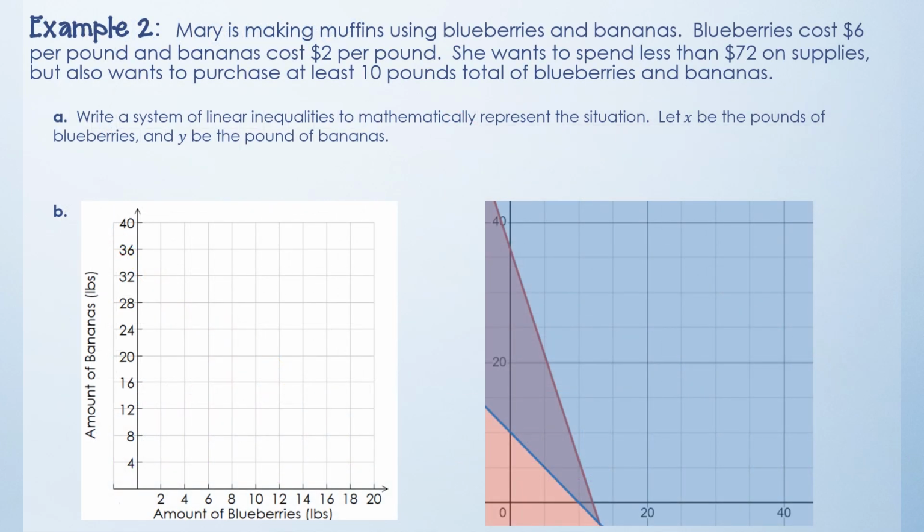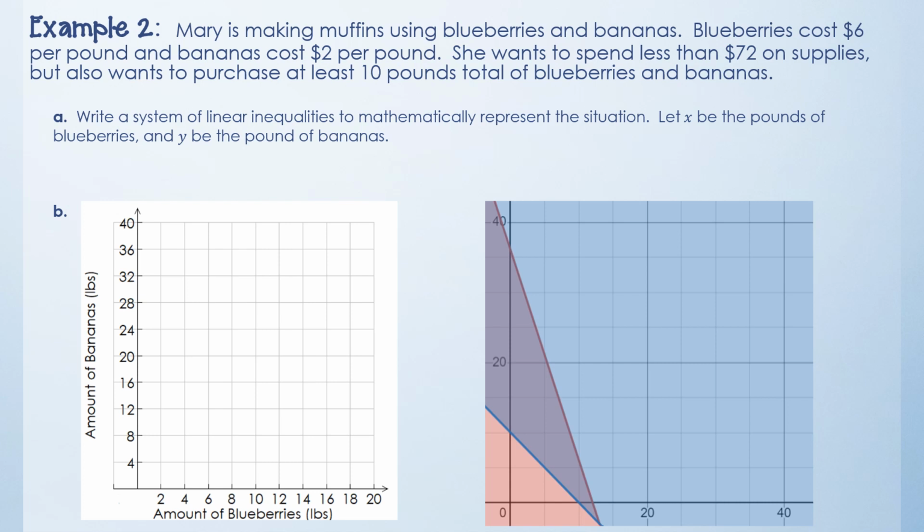Example 2, Mary is making muffins using blueberries and bananas. Blueberries cost $6 per pound and bananas cost $2 per pound. She wants to spend less than $72 on supplies, but also wants to purchase at least 10 pounds total of blueberries and bananas. Okay, so write a system of linear inequalities to represent the situation.